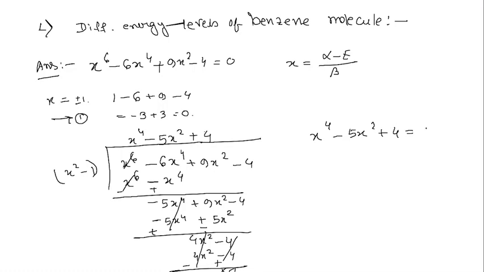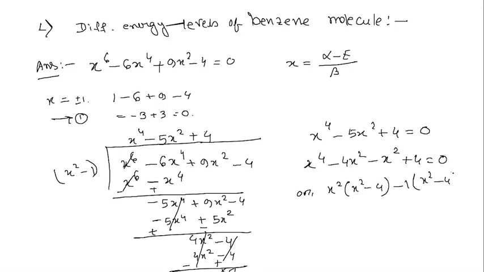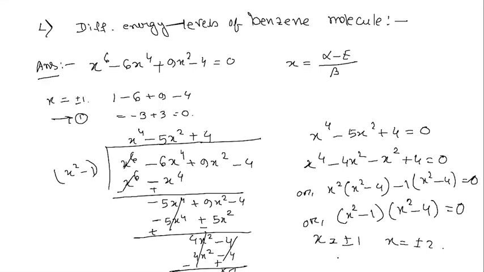These are the only mathematics I am doing, but mathematics is required if you want to learn quantum mechanics. If you don't understand anything, you can ask me. x values are plus or minus 1 and plus or minus 2. These are the values. Now I'll put the value of x here.